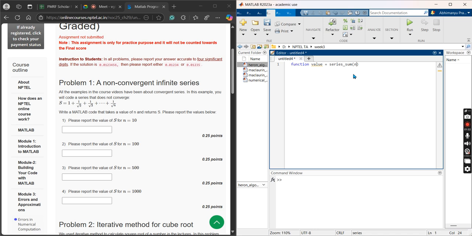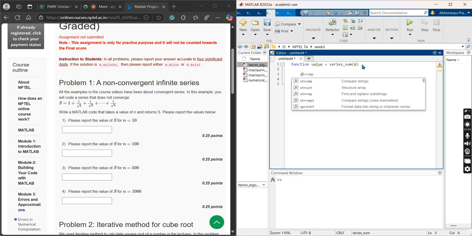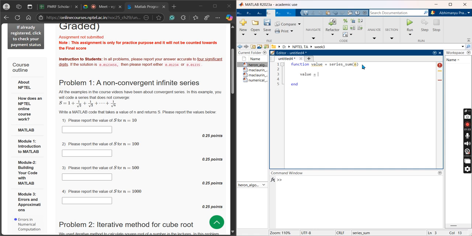Then the value is equal to... let us initialize sum to 0.